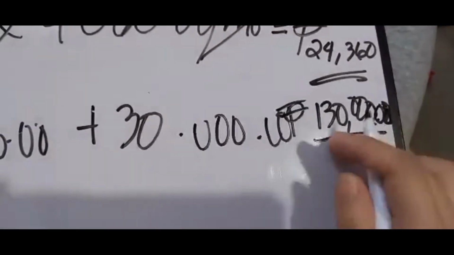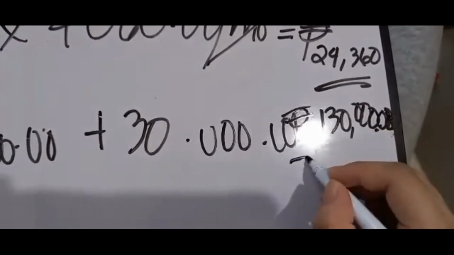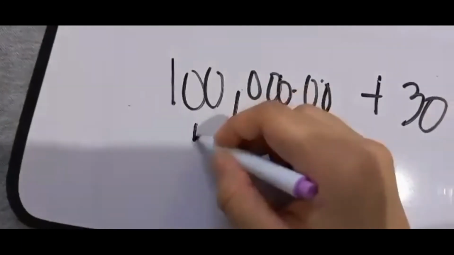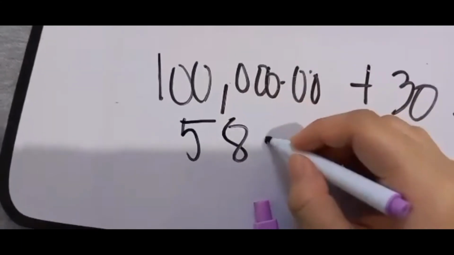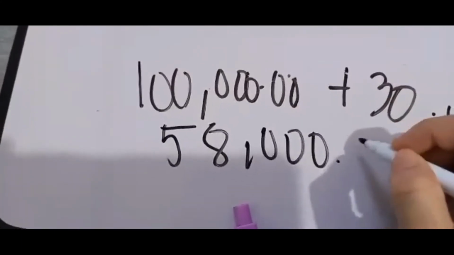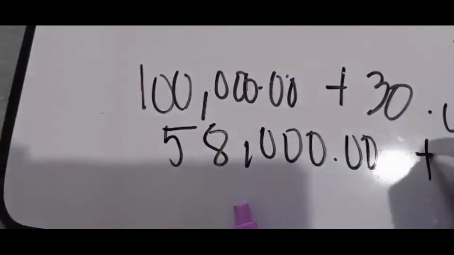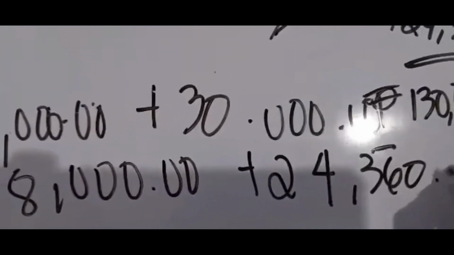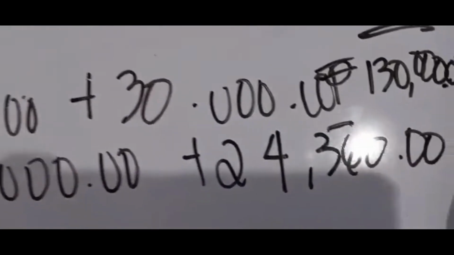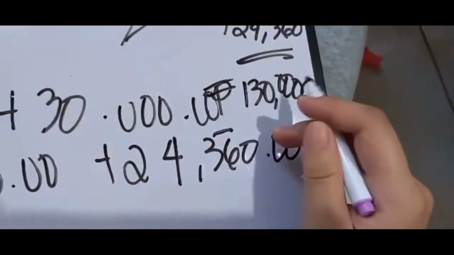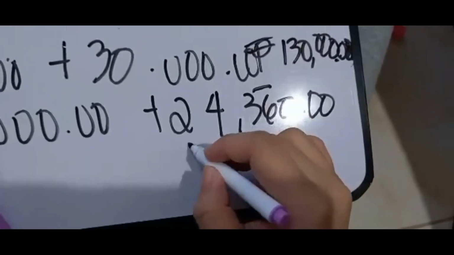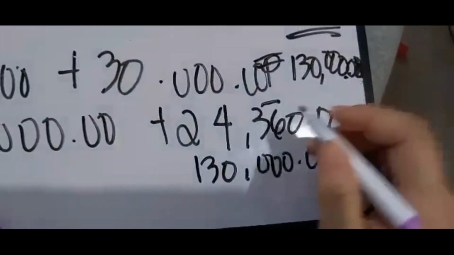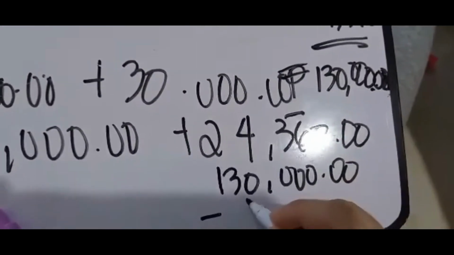Going to subtract it. So 58, that means 1,000 pesos plus 24, that's 60. We're going to subtract 130 to 82.